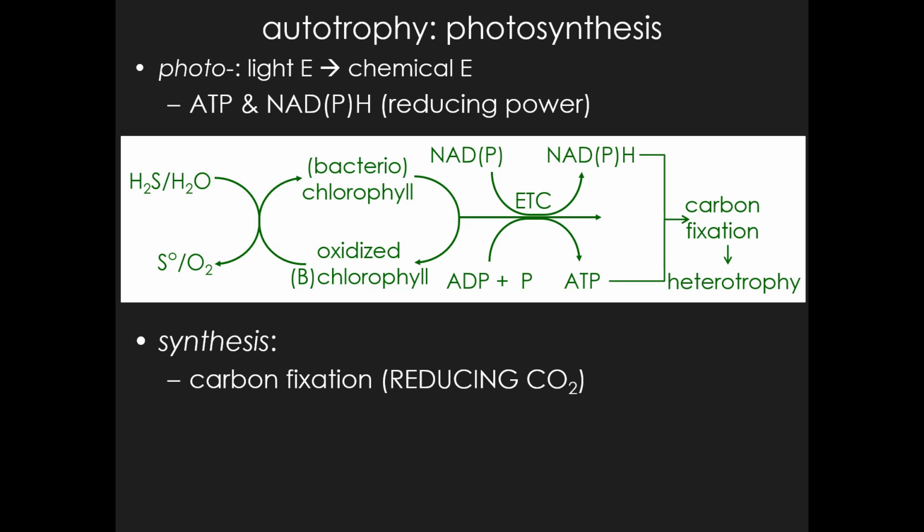That chlorophyll molecule excites the electron, allows it to flow down the electron transport chain, generating ATP. So there's the photo portion of it, collecting some electrons. And then those electrons and ATP are used for the synthesis portion, which, just like the chemosynthetic organisms, is used to fuel the heterotrophy of these photosynthetics.